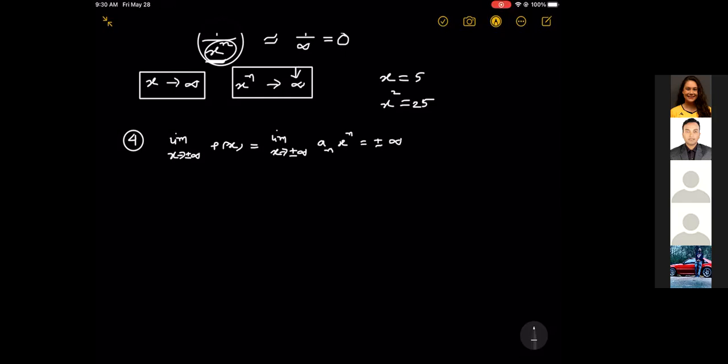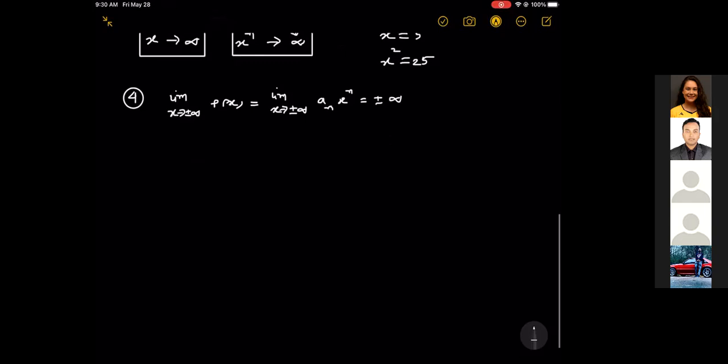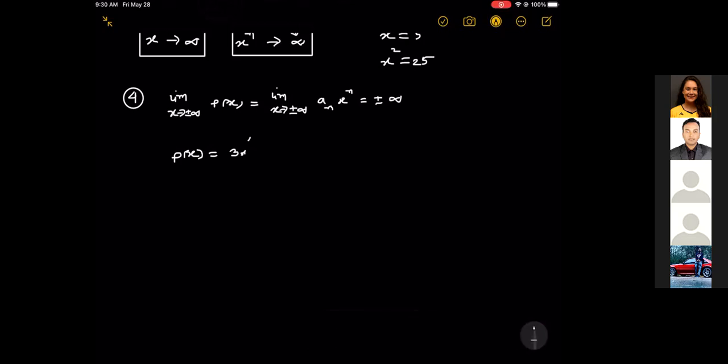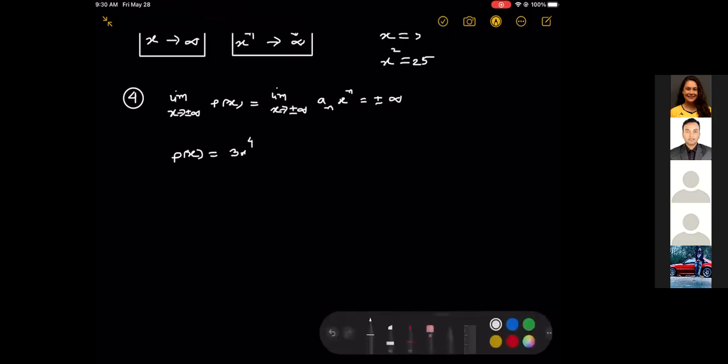Okay, now what does that mean? Let's try an example, then it will make more sense. Let's say we have p of x equals 3x to the 4. We'll avoid the other parts because it will be more difficult to understand with the additional parts.